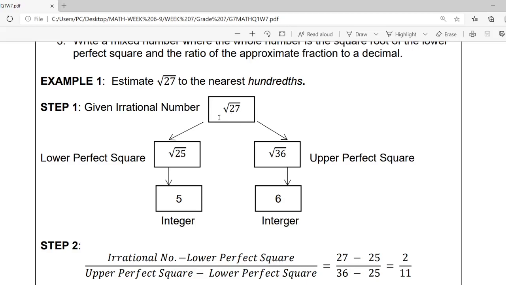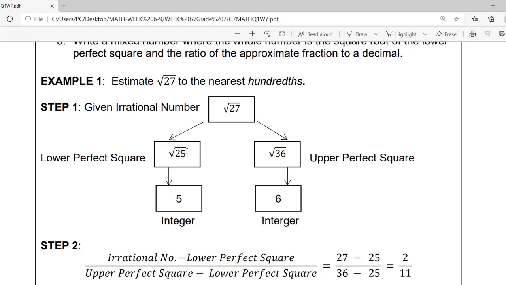So 27 is in between the two perfect square numbers, which are 25 and 36. We set this to be your lower perfect square and this is your upper perfect square number. What is the square root of 25?